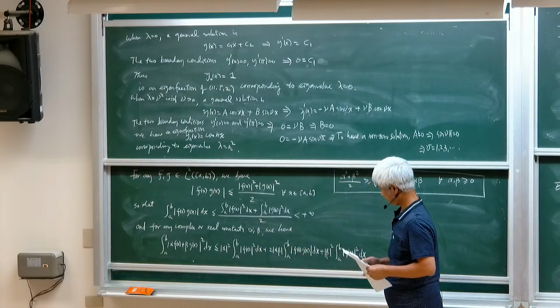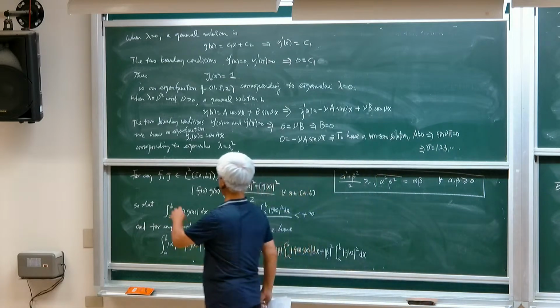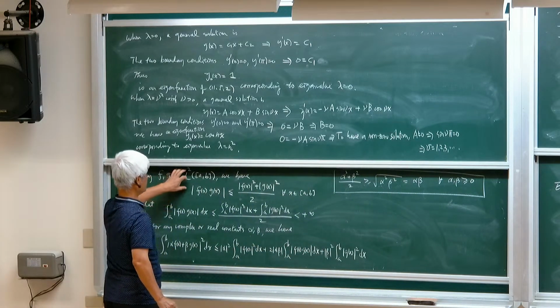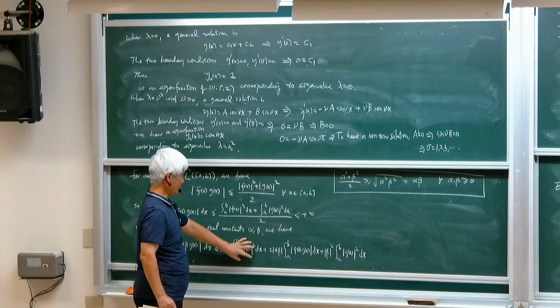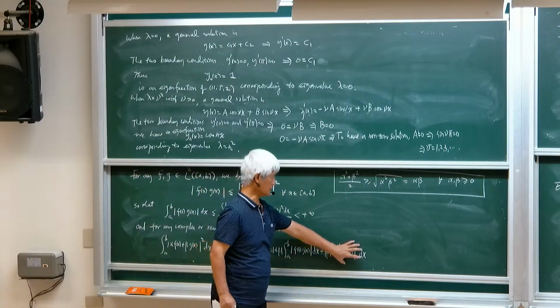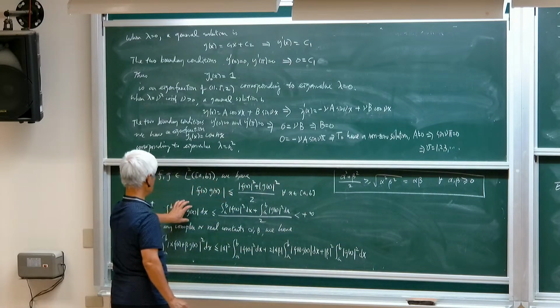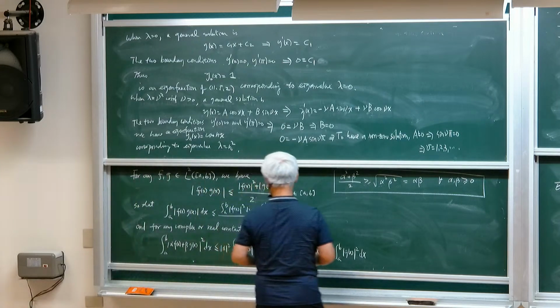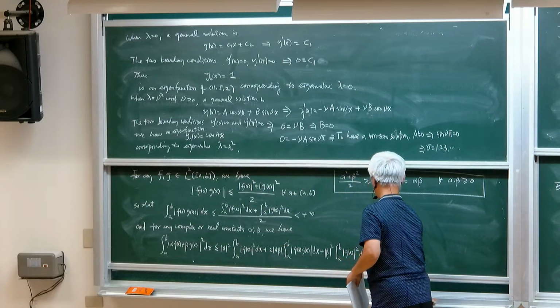Now, because f and g are in L2, so this one is finite, this is finite, and we also proved that this is finite, so the sum is finite.